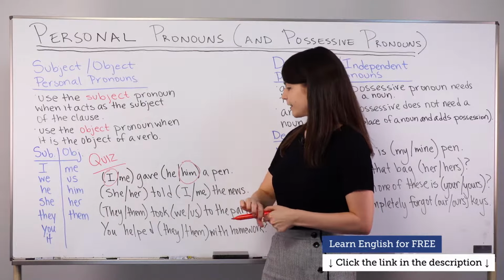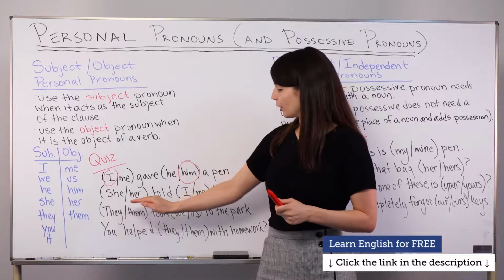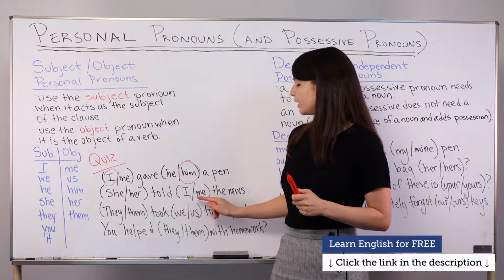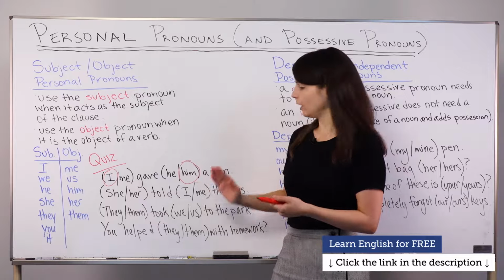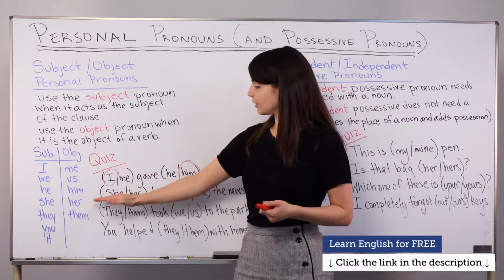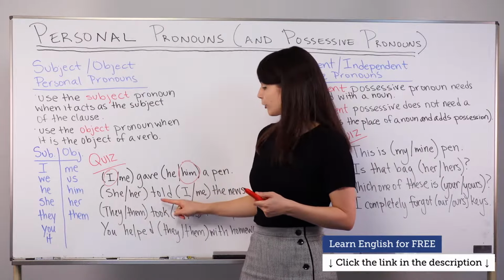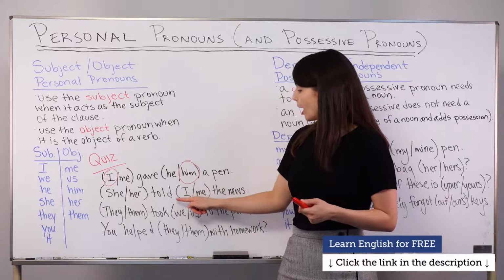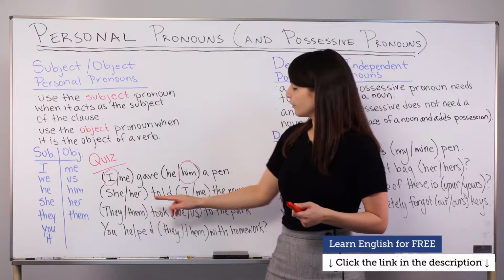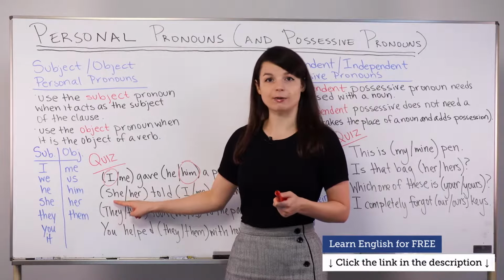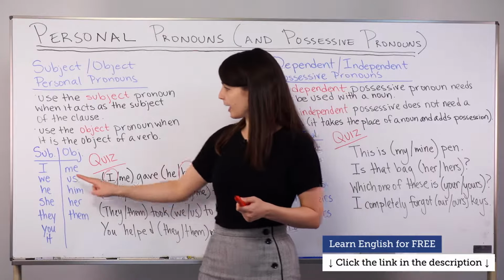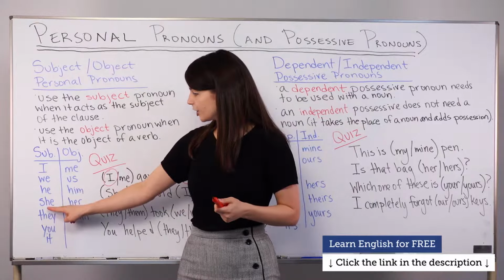Let's look at another example. She or her told I or me the news. So again, we have this subject at the beginning of the sentence, our verb told, and some object, I or me. To decide which is correct here, she or her, let's look at the chart. Subject, she.